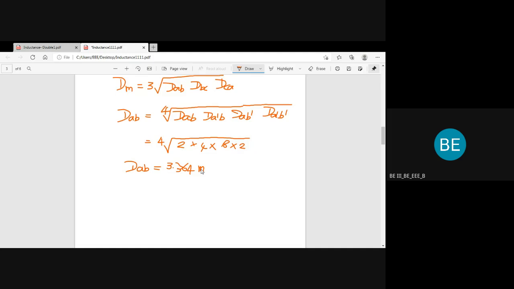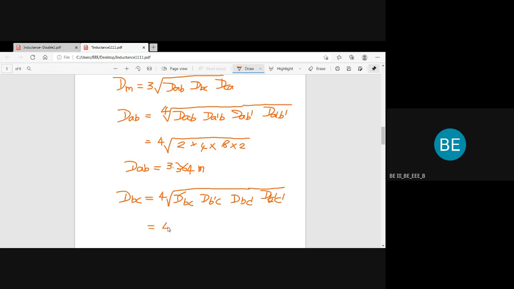Similarly, we have to find DBC as well as DCA. So DBC, I will find. So fourth root of D B C, D B dash C, D B C dash, then D B dash C dash.